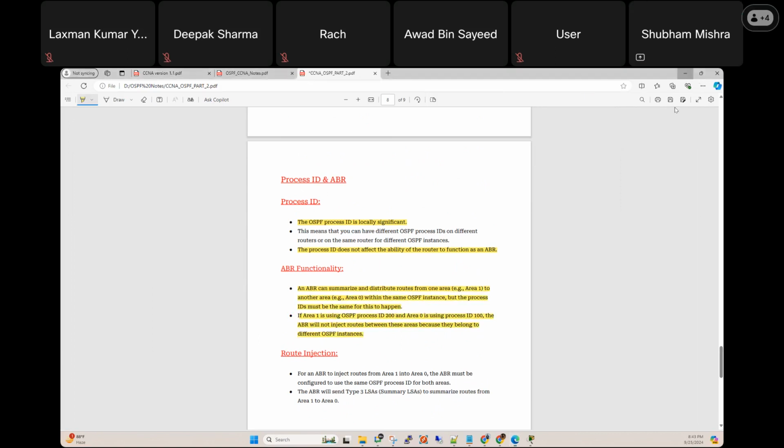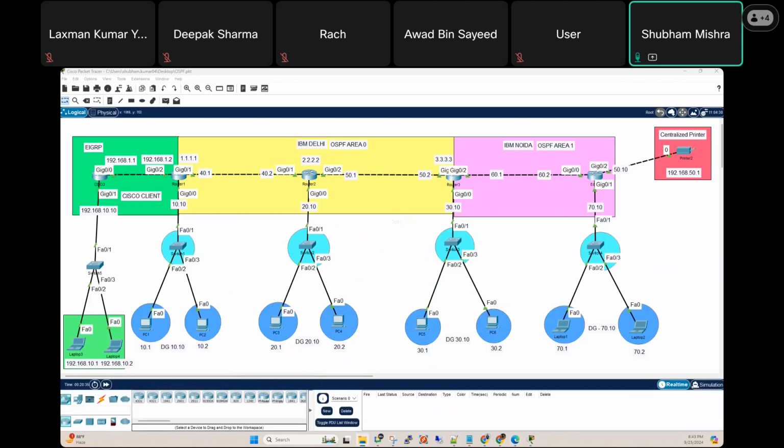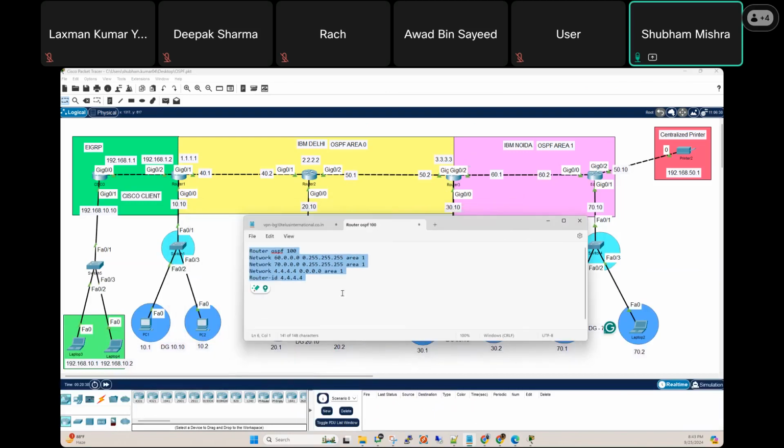For example, this is the ABR router. If you configure on this router router OSPF 100, network 50.0.0.0 with wildcard mask 0.255.255.255, area 0, and then router OSPF 200, network 60.0.0.0 with wildcard mask 0.255.255.255, area 1, it will not work.